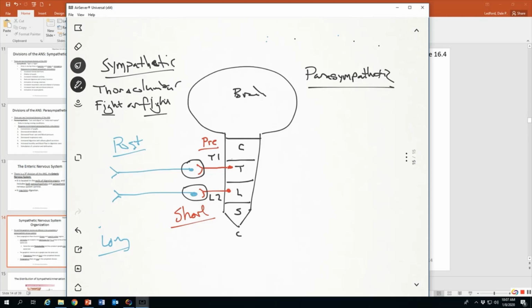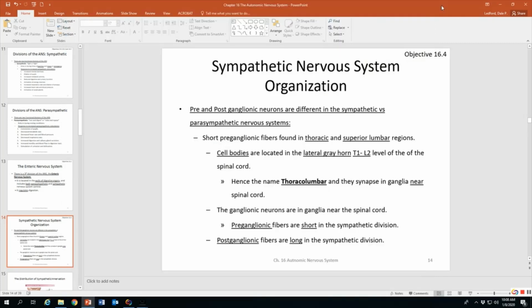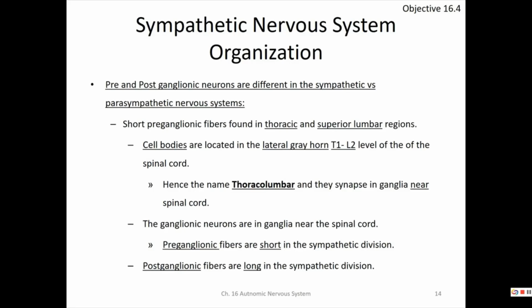So what we want to do is come into here with T1 down to L2 levels. So the preganglionic neurons emerge between T1 vertebral level to L2 vertebral level. So T1, T2, T3, T4, T5, T6, T7, and T12, L1, L2.